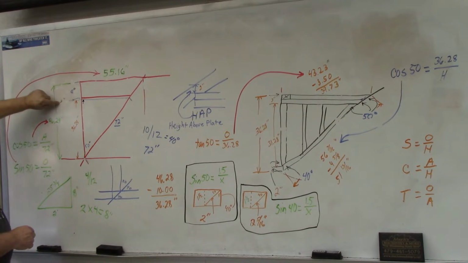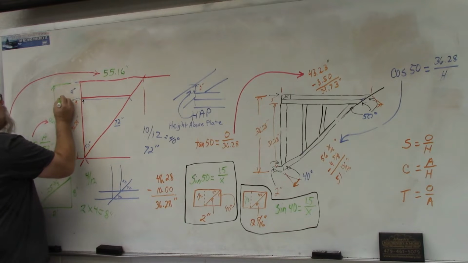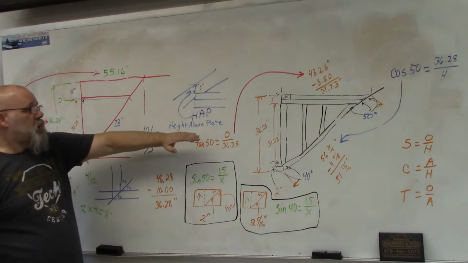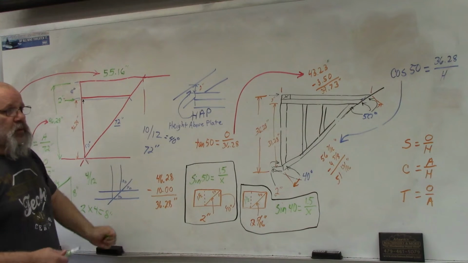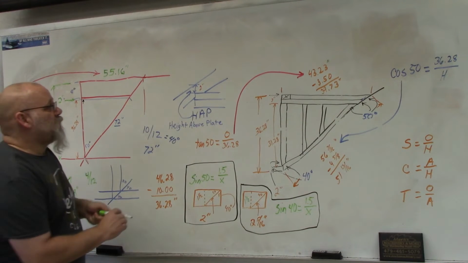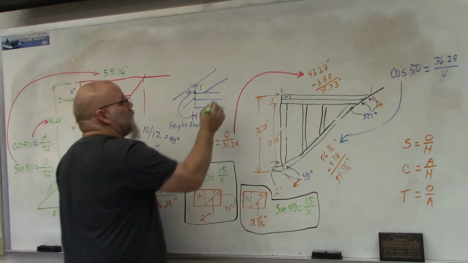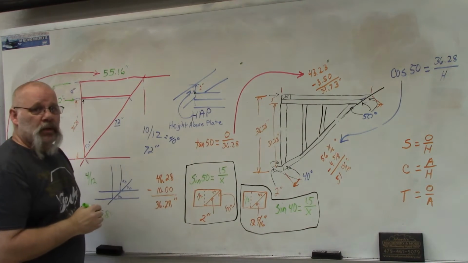Okay? Now the next number is this number right here. This is 2 inches. What is that 2 inches? Well, that's HAP. HAP stands for height above the plate. When you figure rafters, you're figuring from the corner of your top plate to the top of your ridge.